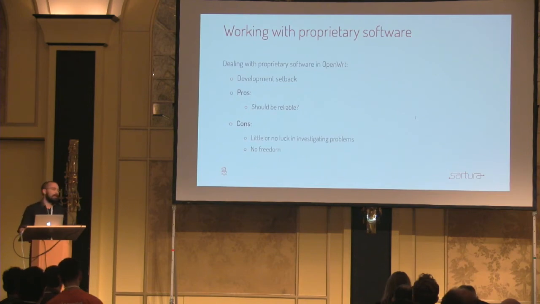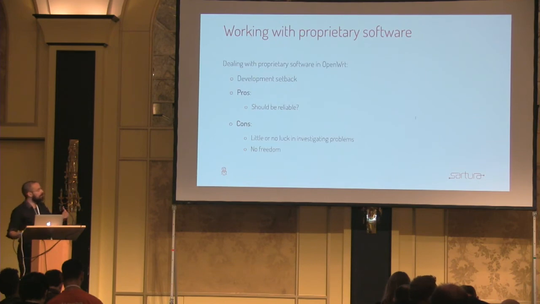And what happens then? You have no freedom to do anything about it. It's a binary, you cannot see the code, you cannot change it, you cannot do patches, you cannot do anything with that. You are just out of luck when investigating this problem, and you have to report it back to the customer to fix this, wait for the fix, and then it postpones the development time, deployment time, and everything.